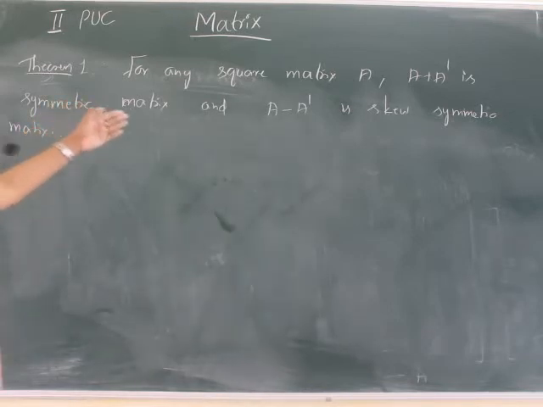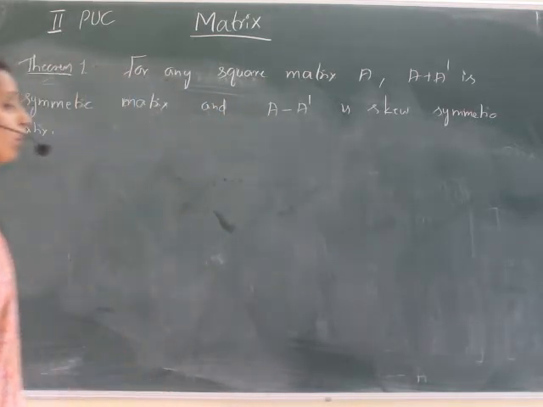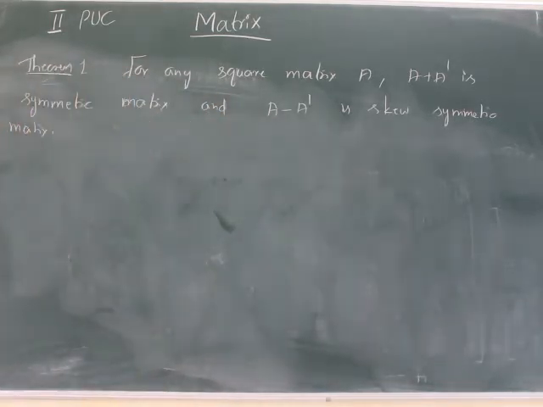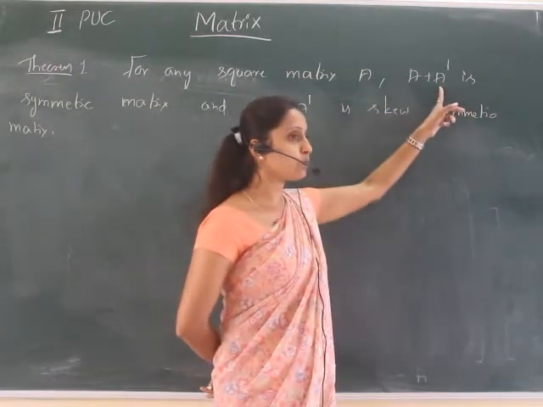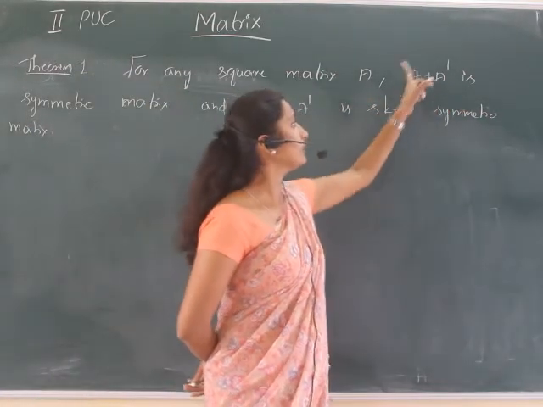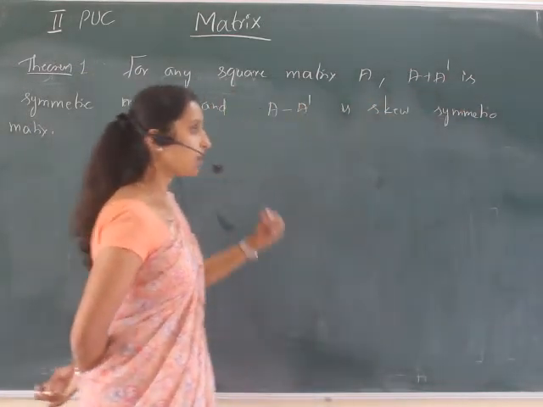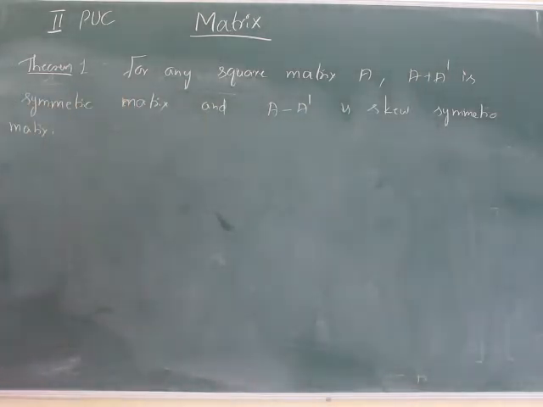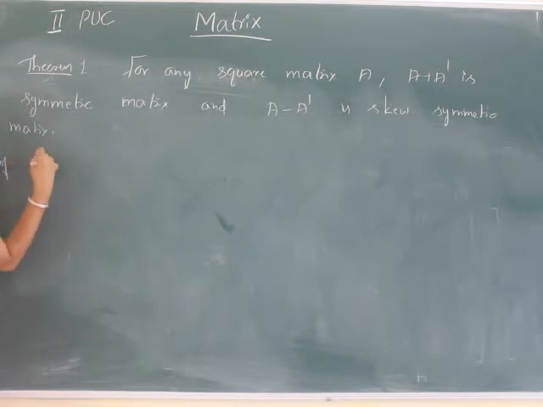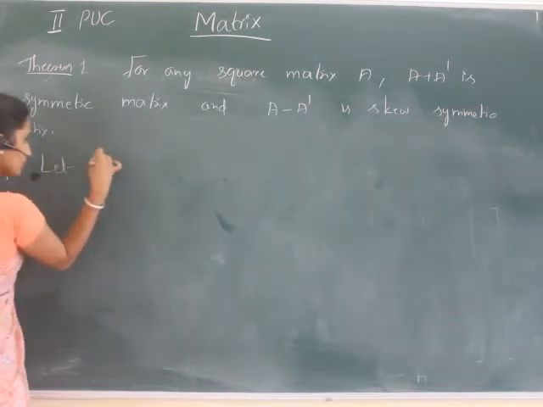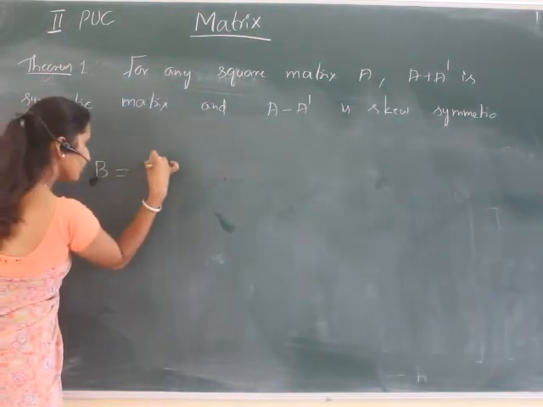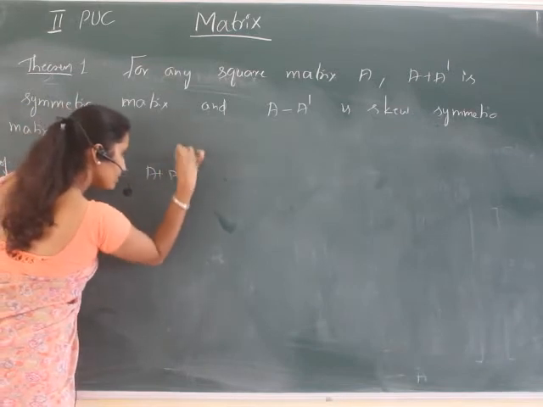We have to consider a square matrix A and show A plus A transpose is symmetric. So I'll take A plus A transpose as one of the matrices. Proof: let B is equal to A plus A transpose.